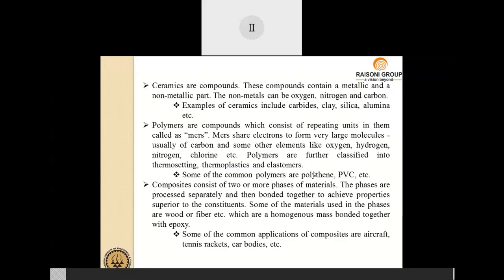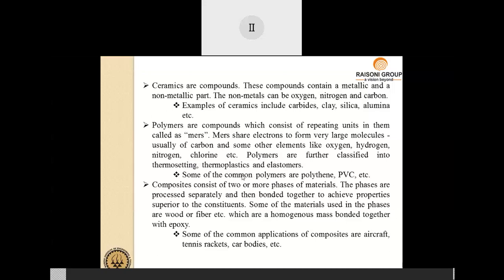Later, when we go through the polymers more broadly, we will have more idea what polymers are, how they are made, and what their properties and features are.